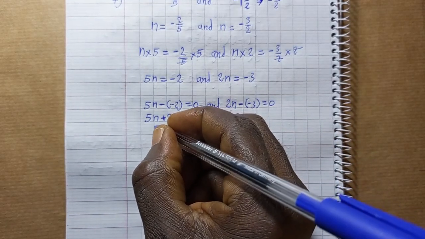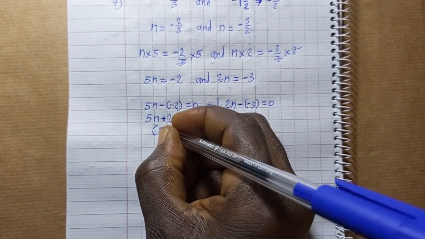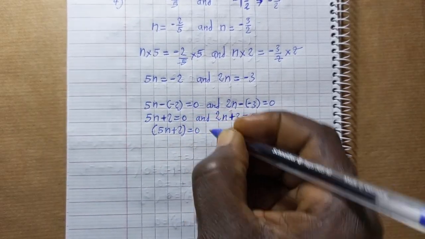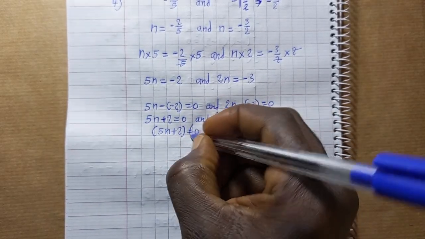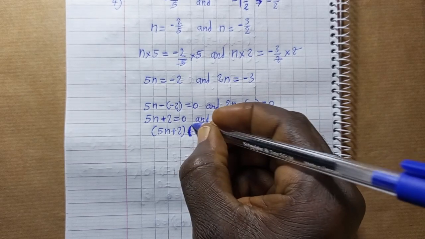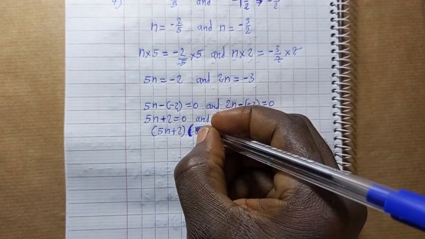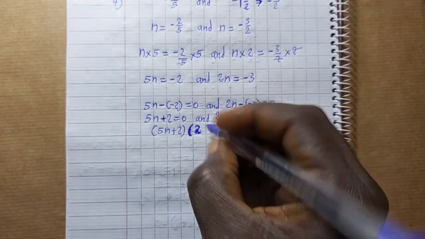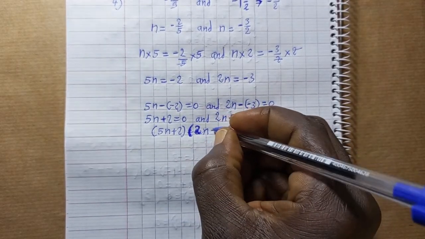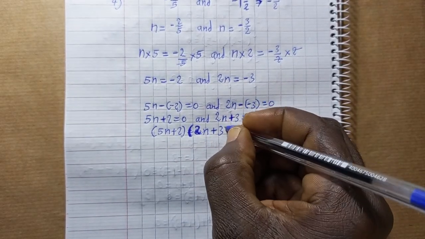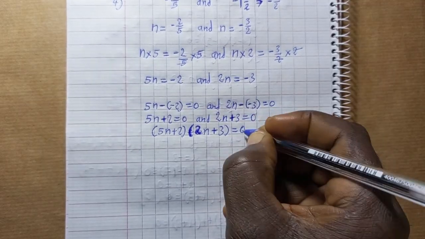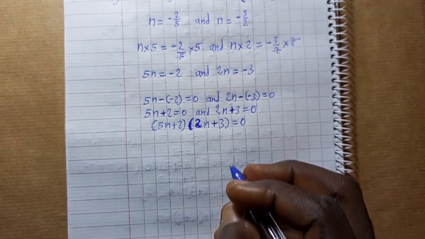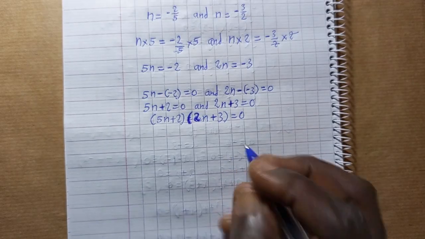That is, open bracket, 5n plus 2 equals 0. Now we are multiplying, so I have to put this one also in bracket. That is 2n plus 3, and then equate it to 0. So the next step is to expand this.